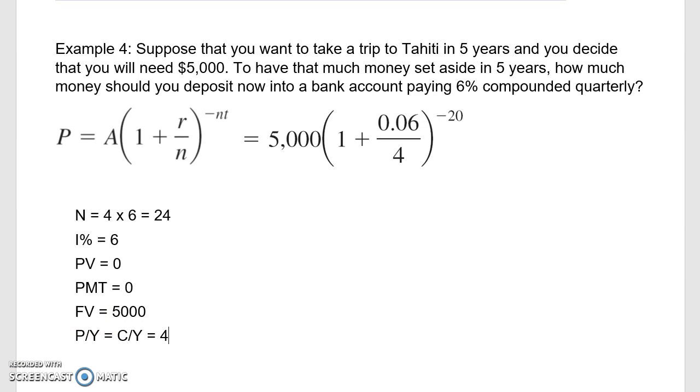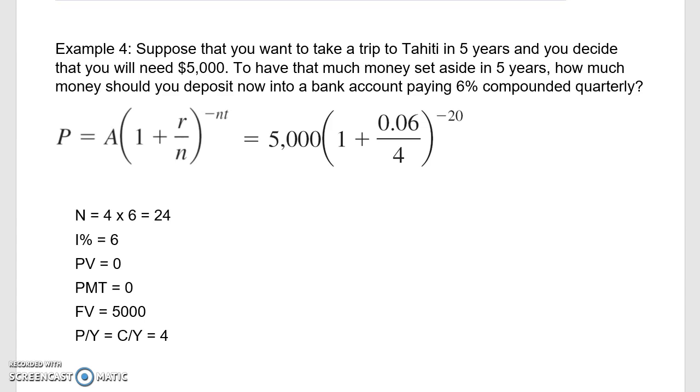I might have accidentally said we were solving for the payment at first, but this is not a recurring payment. It's a one-time only deposit of right now. So when I type these values into my TVM solver, I need to make sure that I am on the end setting when I solve these.